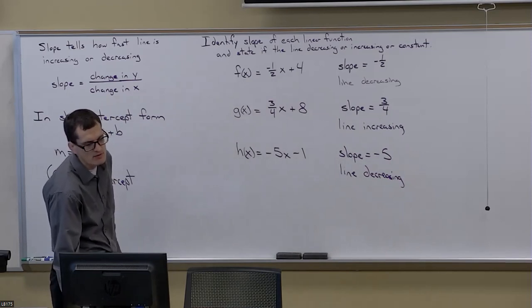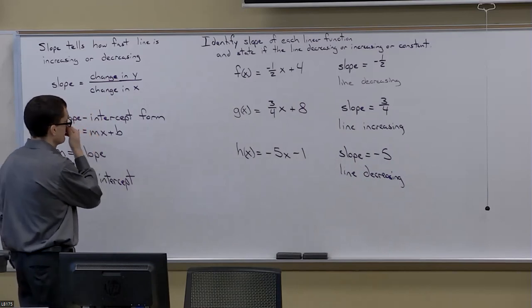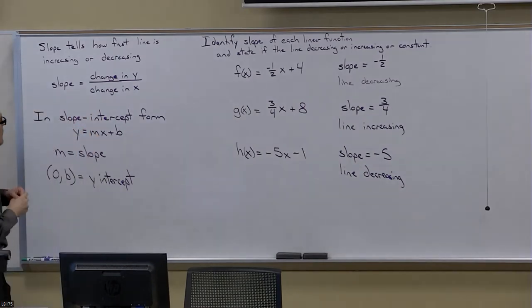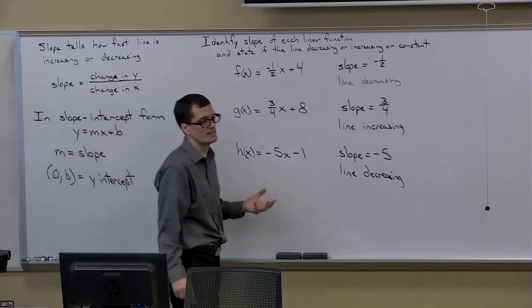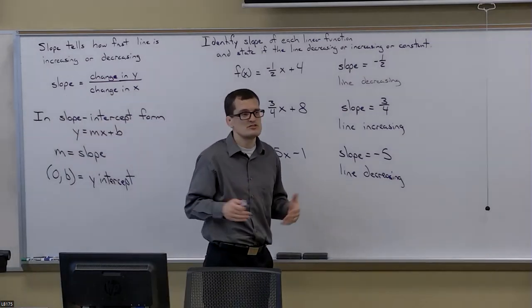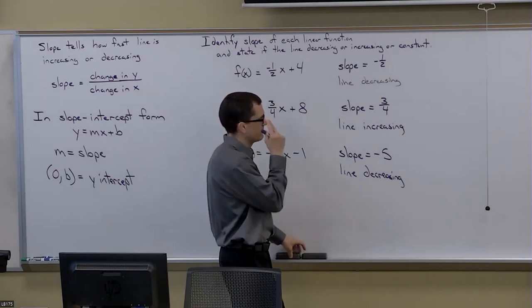Now, if we're ever in a situation where our function is not in slope-intercept form, but I know it's linear, just simplify until it's in slope-intercept form, or sometimes rewrite.